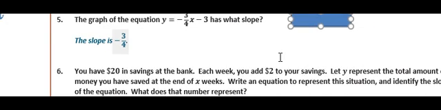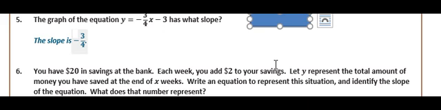So let's go ahead and look at number 6. Number 6 says you have $20 in savings at the bank. Each week you add $2 to your savings. Let Y represent the total amount of money you have saved at the end of X amount of weeks. Write an equation to represent the situation and identify the slope of the equation. What does that number represent?